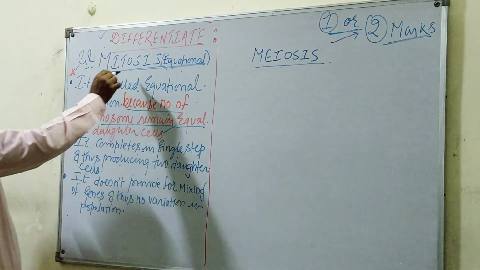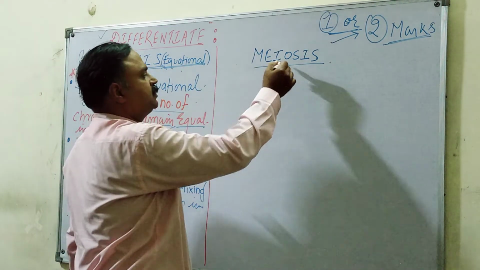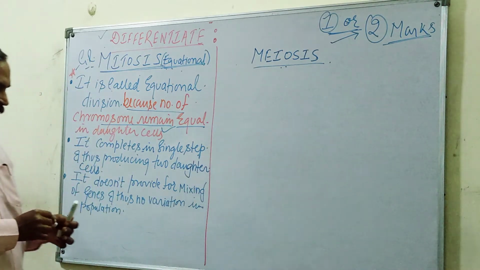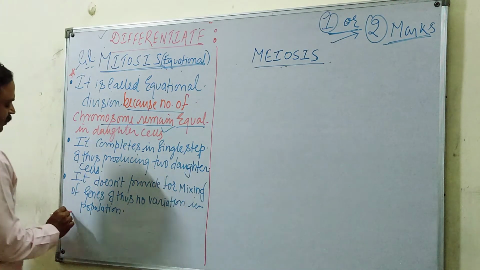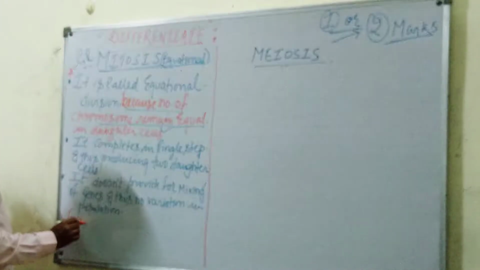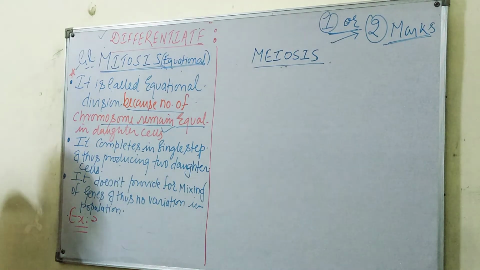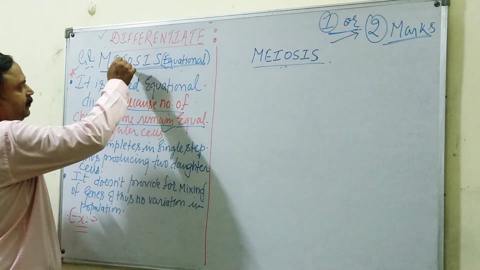If the demand is to differentiate between mitosis and meiosis on the basis of example, the last point will be the example of mitosis, where we observe it. Where do we observe mitosis?